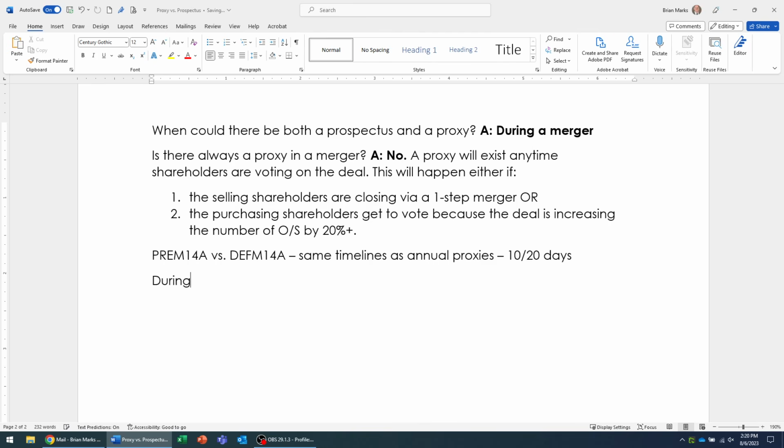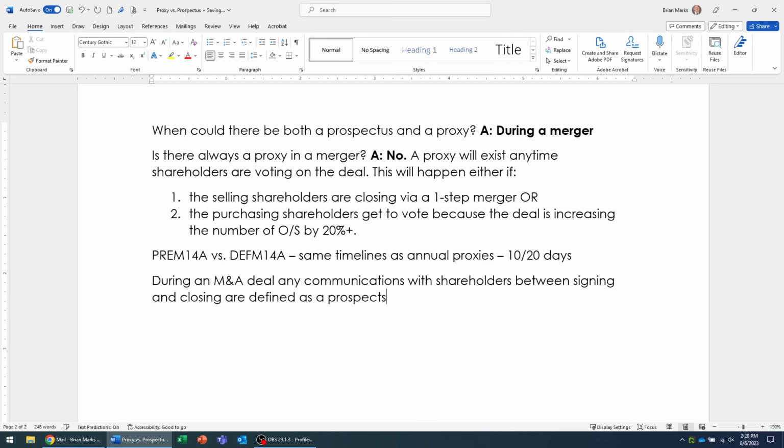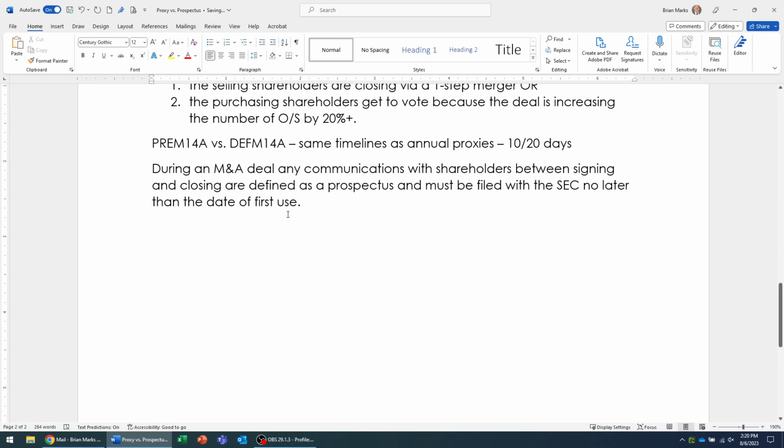During an M&A deal, not a pre-writing prospectus, that doesn't exist in an M&A deal, the SEC says that any communications with shareholders between signing and closing are defined as a prospectus and must be filed with the SEC no later than the date of first use.